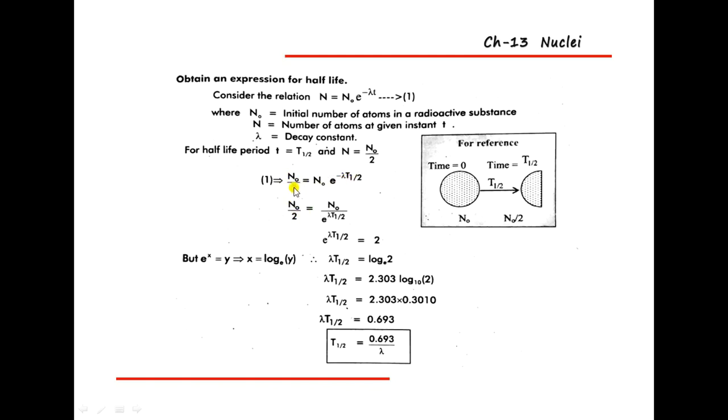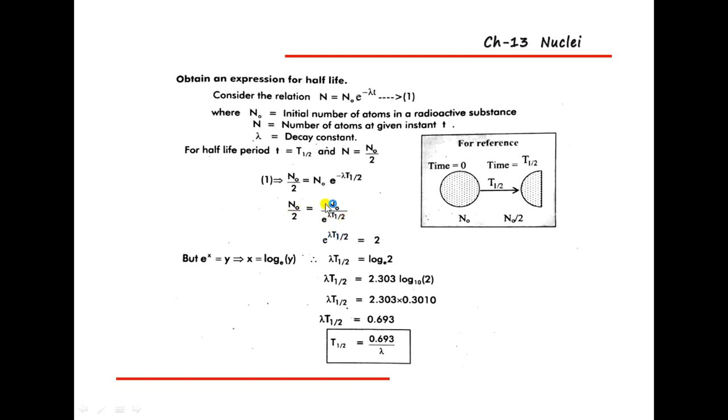So N naught by 2 is equal to N naught divided by e raised to lambda t half, since e raised to minus goes to the denominator. Therefore N naught gets cancelled, and we get 2 is equal to e raised to lambda t half.